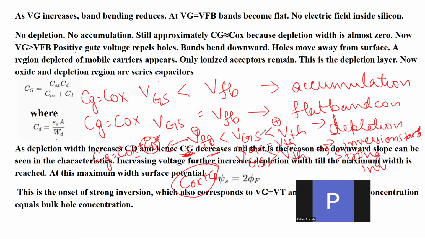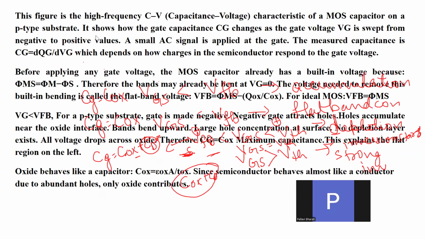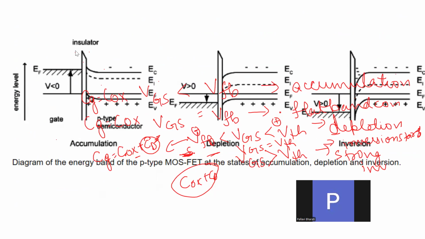And how is the band bending? First it was bent downwards. We will start from flat band. If you put the negative charge here, the band is upward.